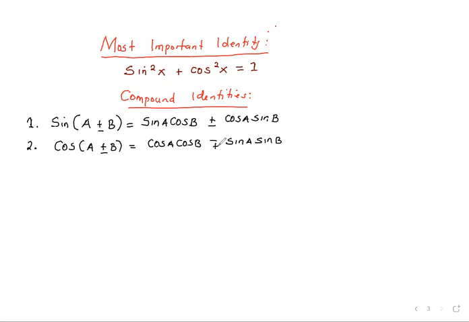Don't confuse them. You can see how I'm putting them. Okay, let me change the colors. This one also, plus, plus. The other one, if there is minus, there will be minus there. This is B. So the other one, if there is minus, there will be plus here.